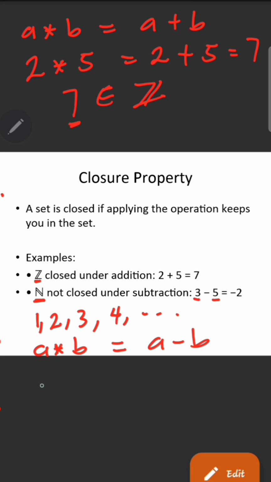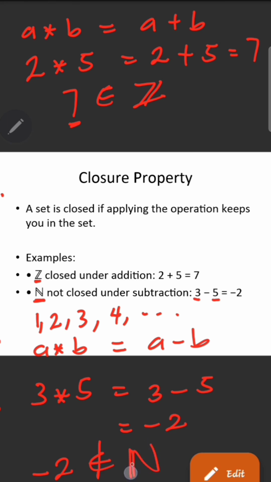So now let's say we have 3 operation 5. According to the operation that we are given here, we get 3 minus 5. And what is 3 minus 5? Minus 2. Minus 2 is not an element of what?